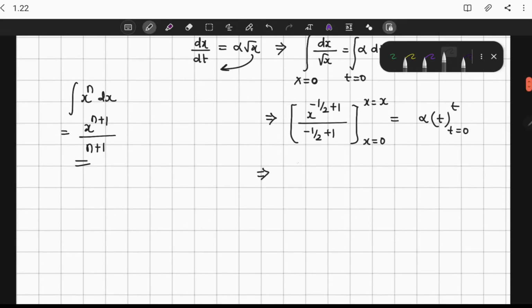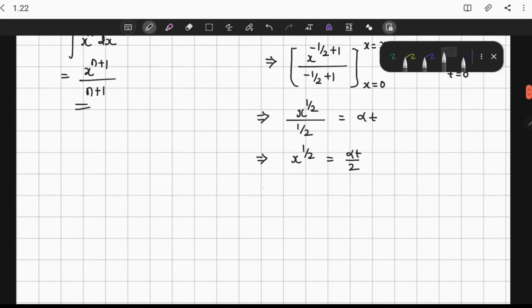So here we will get x to the power half divided by half is equal to alpha times t. So we will get x to the power half is equal to alpha t by 2, and if we square both the sides we will get x is equal to alpha square t square by 4. So this is the value of the displacement or the position we got here.